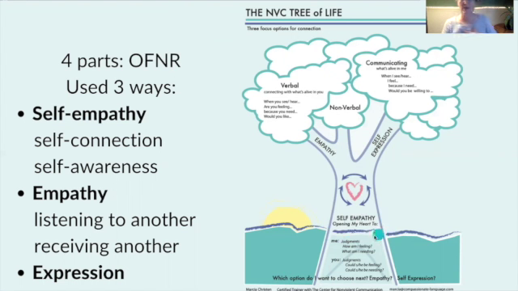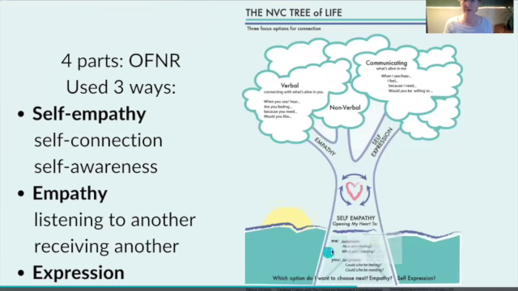So self-empathy is here pictured in the base of the tree. It's opening my heart to observing my judgments, my thoughts. What am I telling myself? How am I feeling? What's important to me? And then what are the requests I have? Part of the self-empathy that Inbal included was connecting with the other person, if there's another person involved.